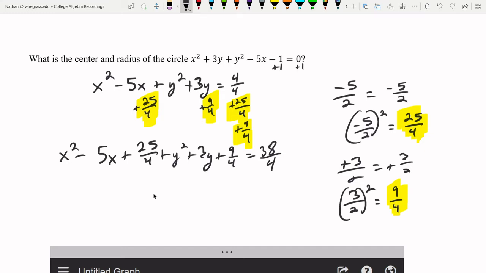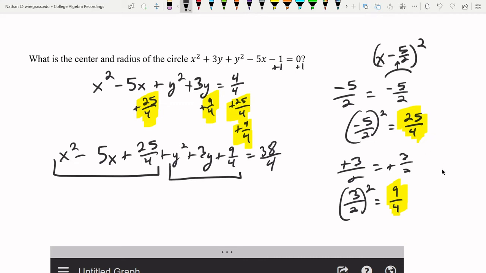All right. And now this thing will factor down into x minus 5/2 squared. This thing will factor down into y plus 3/2 squared.